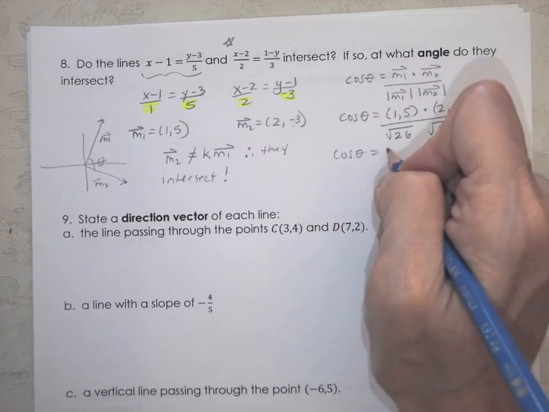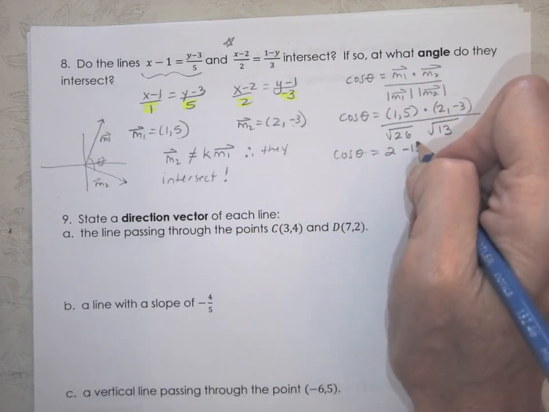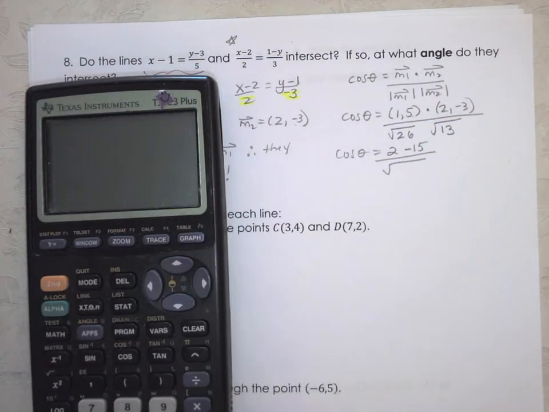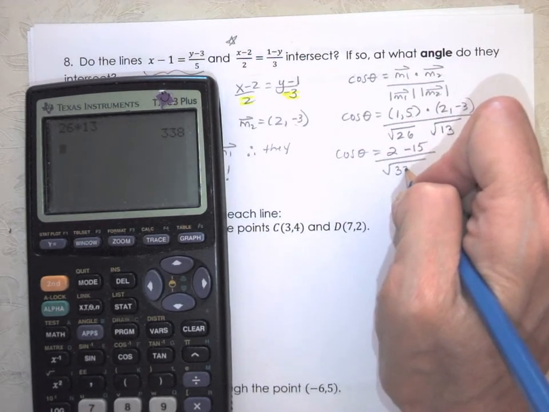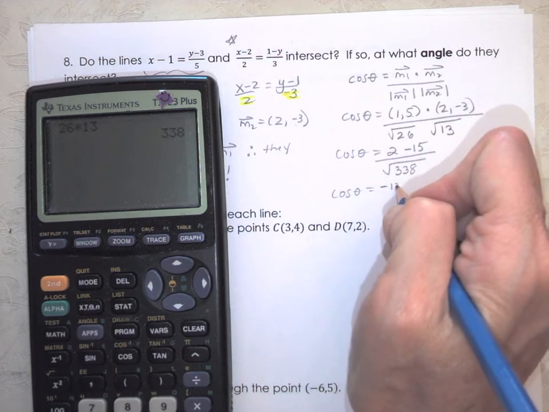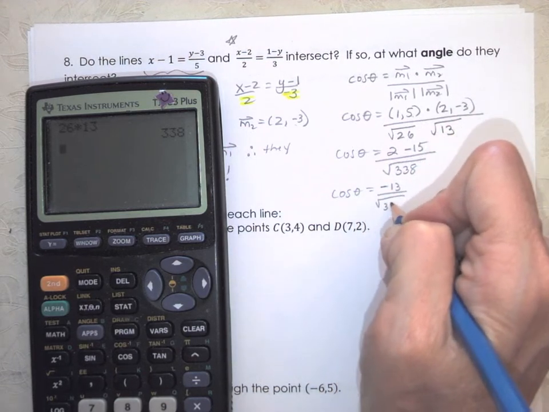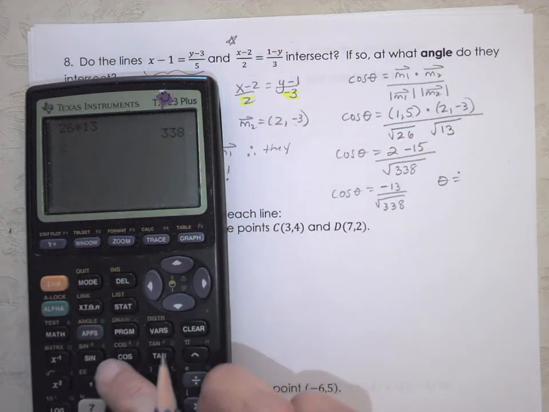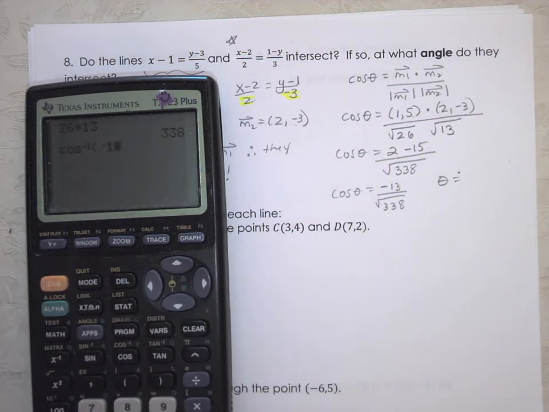Dot is multiply and add, so 2 minus 15 over the square root of 26 times 13. So the cosine of angle theta is going to be negative 13 over the square root of 338, or theta is approximately the cosine inverse of that.